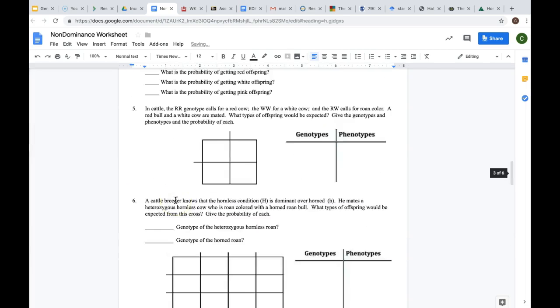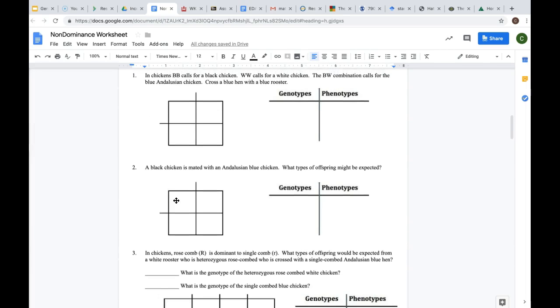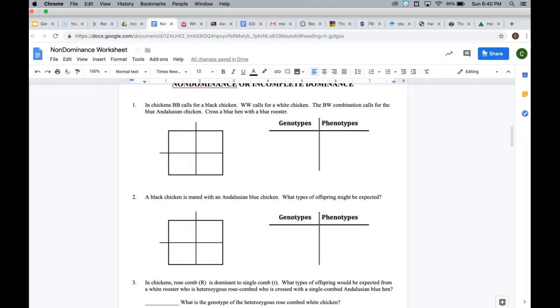All right, let's go over this first little bit. I'm going to put this where I can draw on the screen.